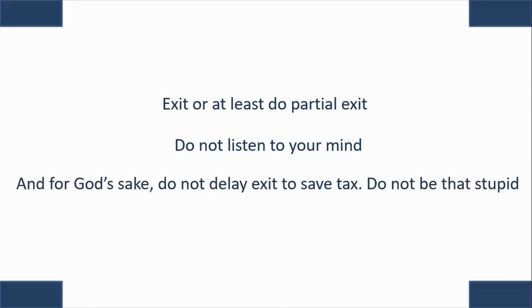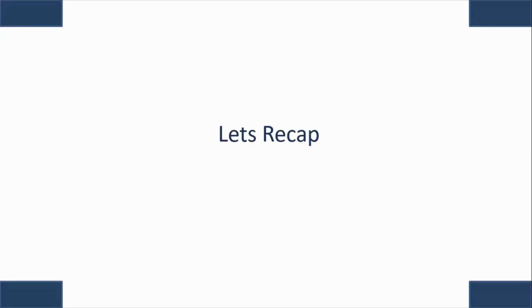And for God's sake, do not delay exit to save tax. Do not be that stupid. Once you have seen this is the peak, this is the top of the bull market, then exit, or at least exit partially. I would minimum exit 50%.